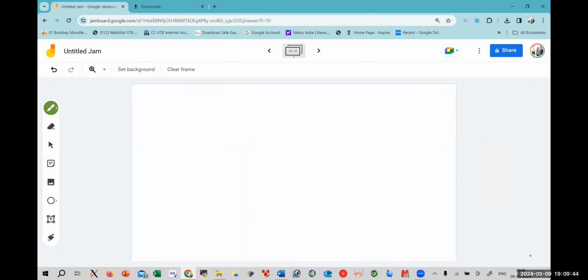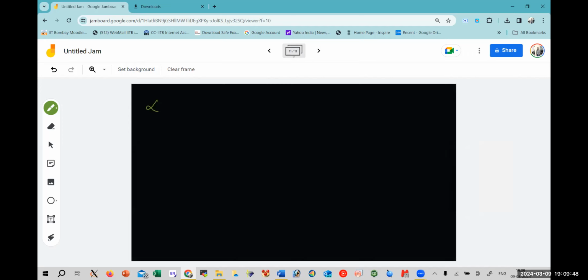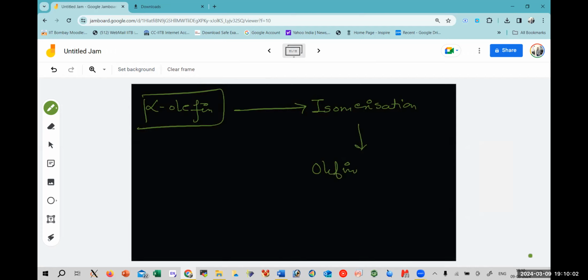Now this alpha olefin, what will happen? This alpha olefin that we have obtained from polymerization would undergo isomerization. Followed by that we will be having olefin metathesis.